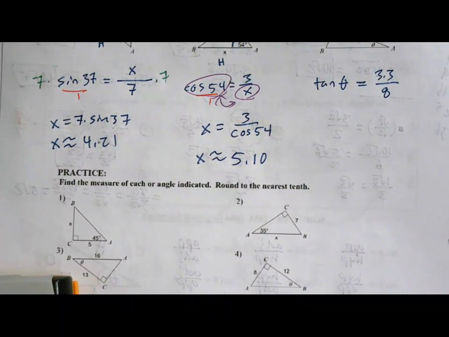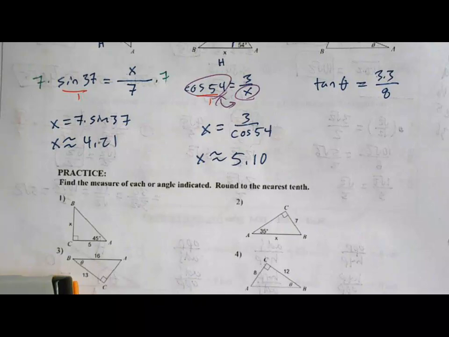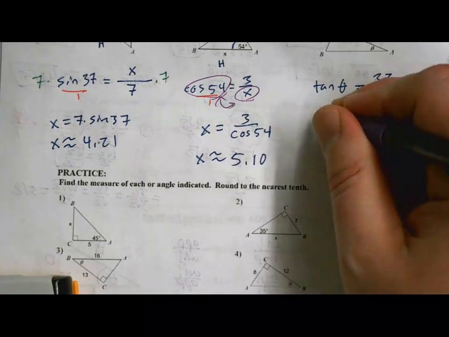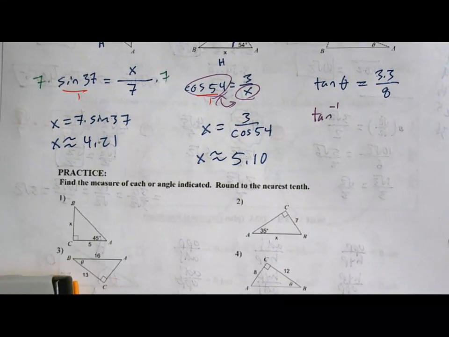And then when the variable's locked up inside of your trig function, what do we do there? There's a couple ways for us to think about it. One of them is, how many people learned it this way? You change your tangent to an inverse tangent. What happens when we switch from a function to its inverse? What happens to our inputs and outputs? This is the big concept from first semester. They flip, right? Inputs become outputs, outputs become inputs.